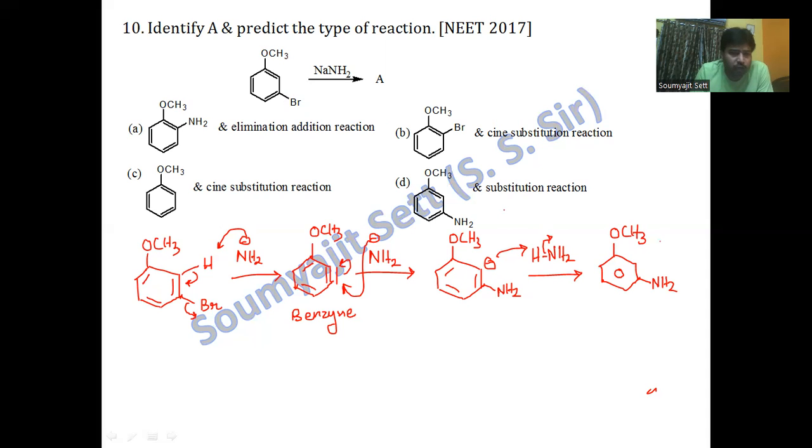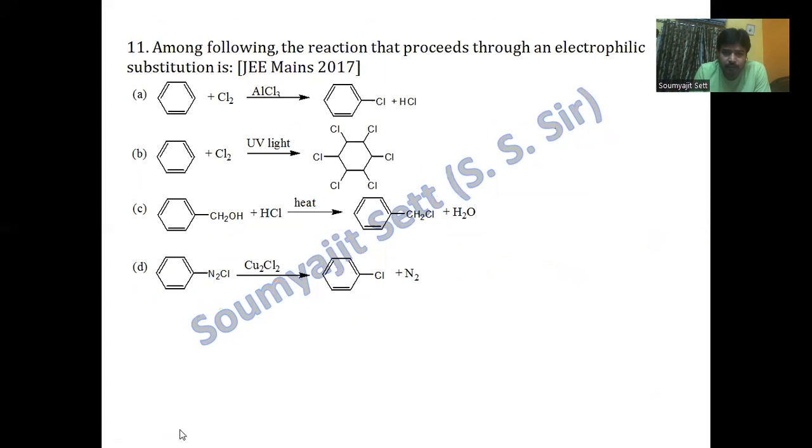So the correct option will be this product and this substitution reaction. So this kind of reaction goes via a benzyne intermediate, mind it. Last one.